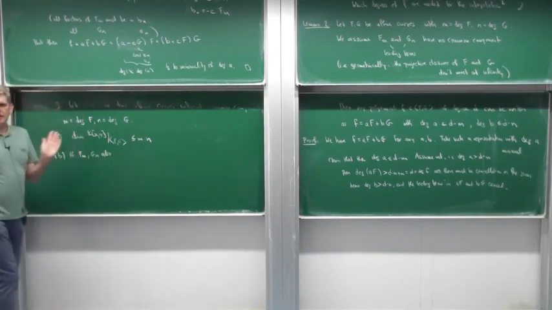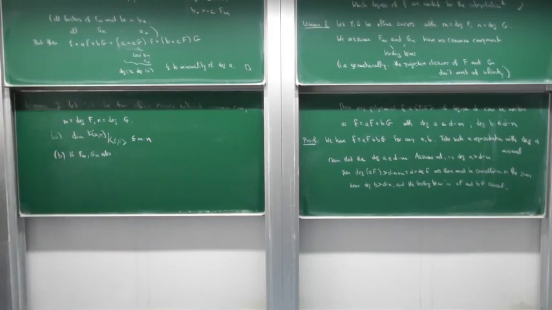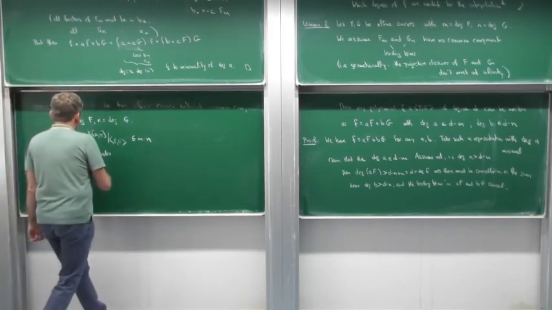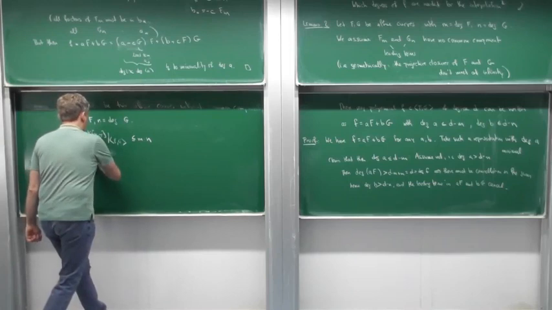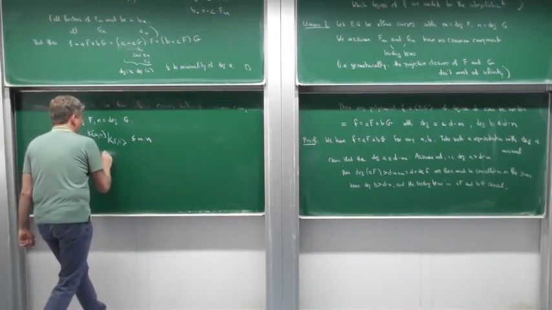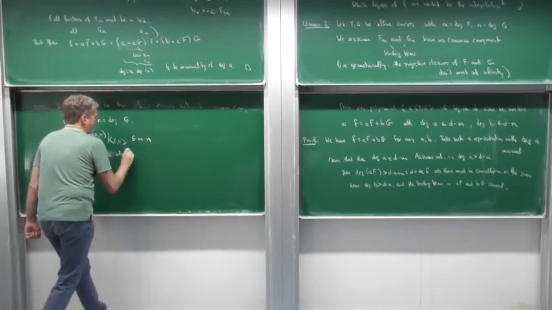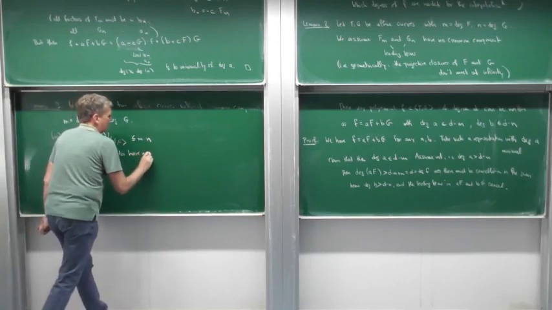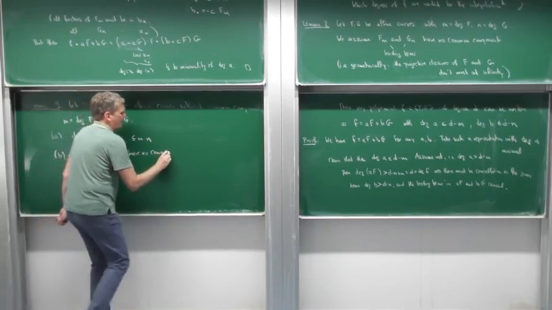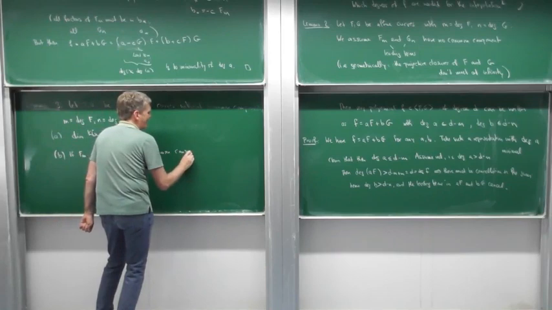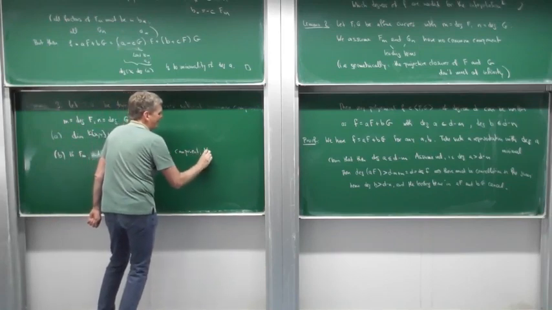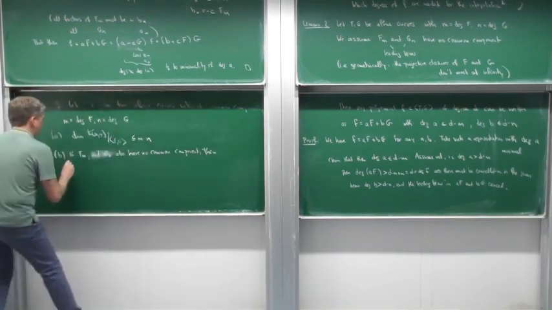That's a different condition, right? I mean, they're different polynomials, so it might be that the one holds and the other doesn't. So if f_m and g_n also have no common component, then we have equality in a.